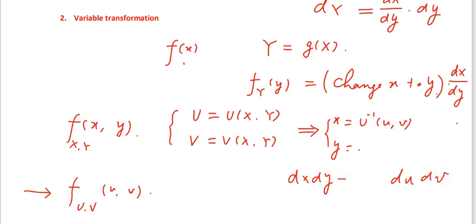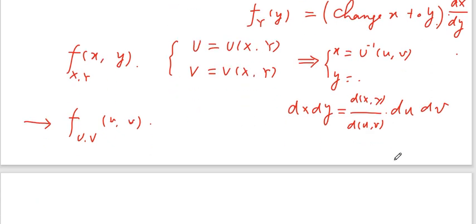So from dx dy to du dv, we need to use dxy over duv, just like with one variable. But we do not have a simple derivative. If we have two variables, we call this a partial derivative, and we call this the Jacobi determinant.